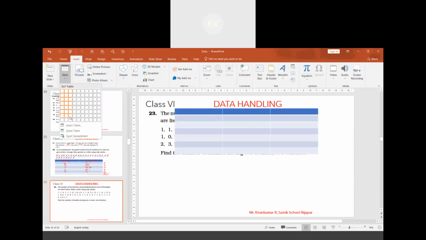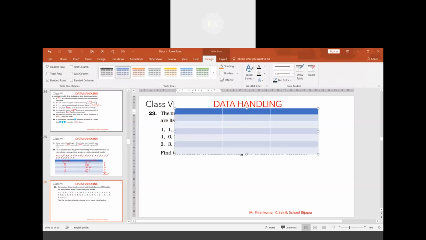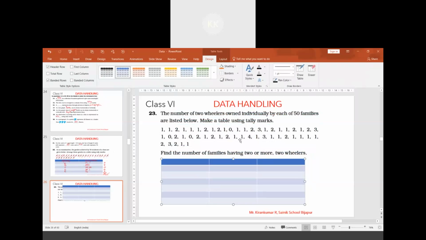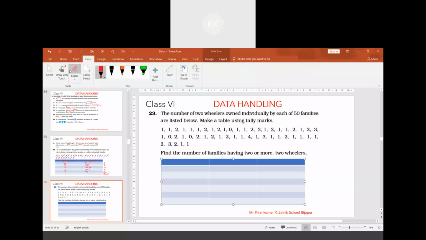This time I would prefer making a table with 3 columns. In the first, I will mention the number of two-wheelers. In the second, the tally mark. In the third, the number of families.